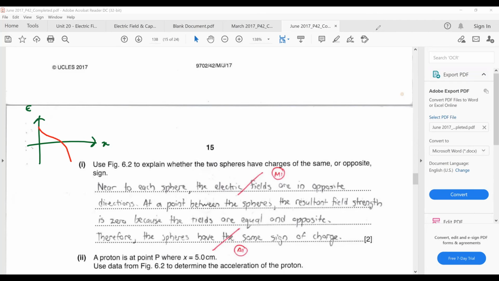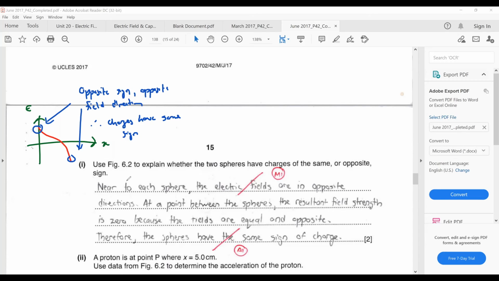So you look at the ends there, what are the signs? You see that this one and this one mean opposite field direction.